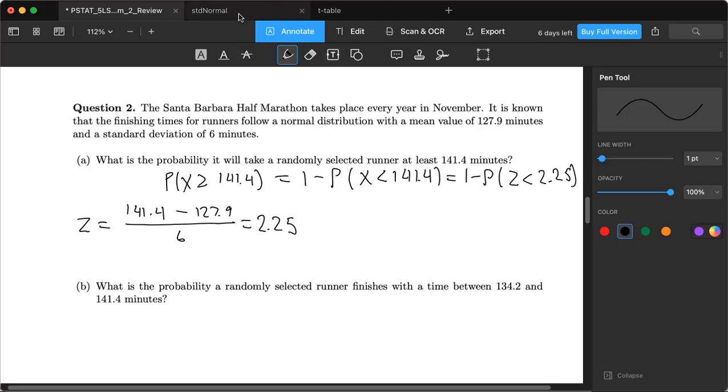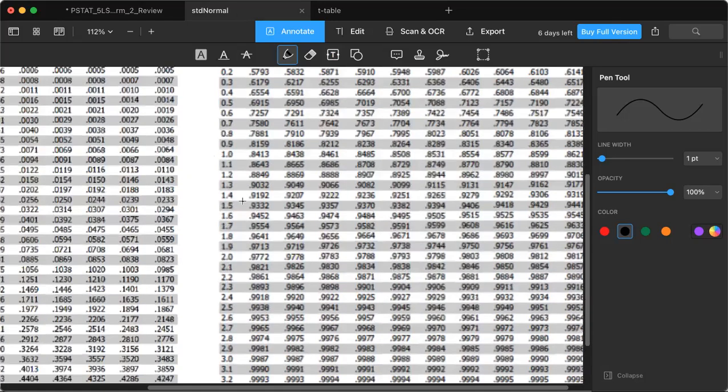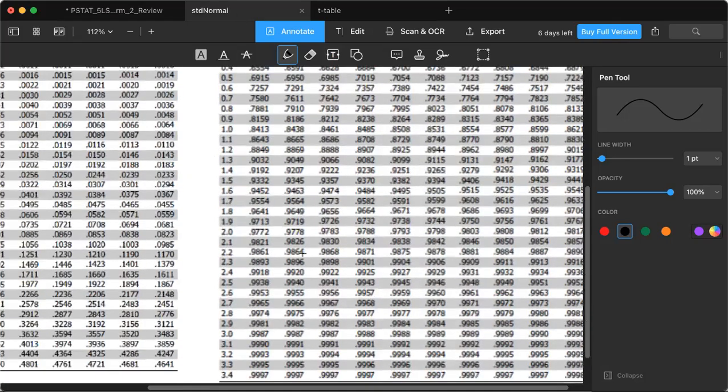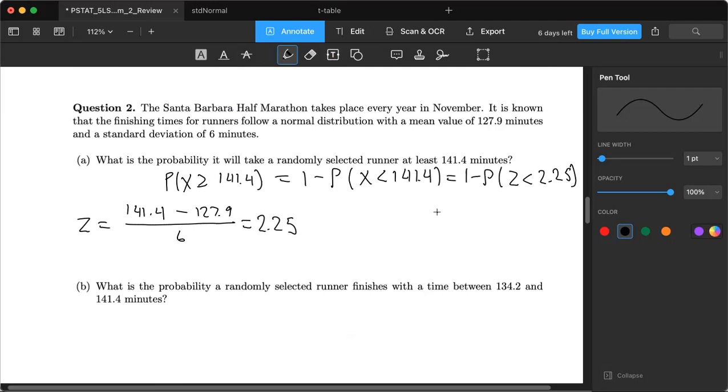So go to the table, 2.2, and then 0, 1, 2, 3, 4, 5, 0.9878. So it's equal to 1 minus 0.9878, which is 0.0122.